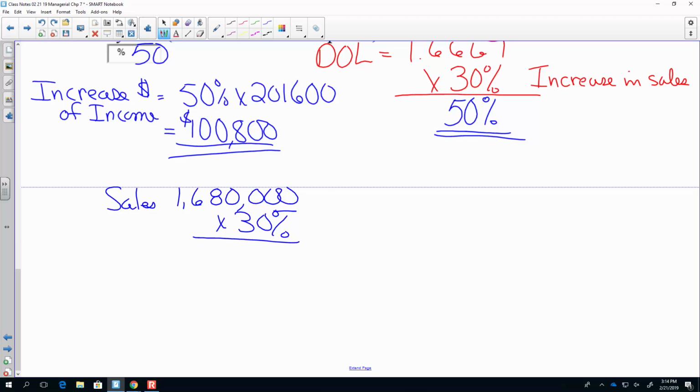That's a dollar amount of increase of $504,000.